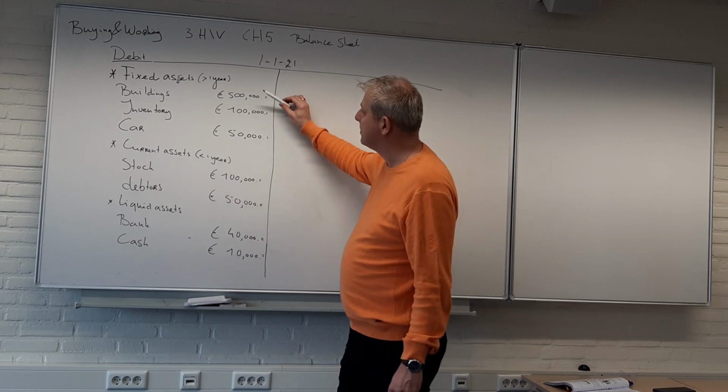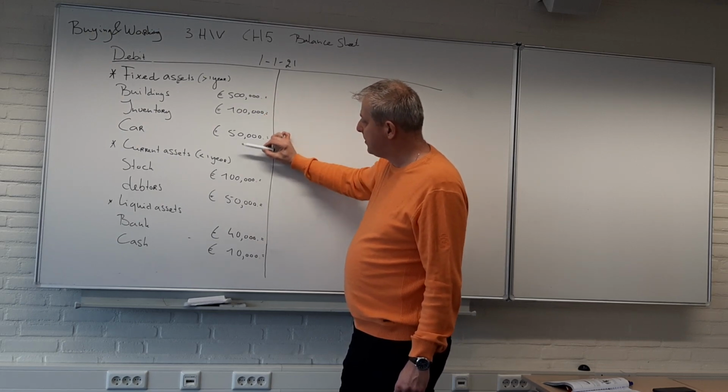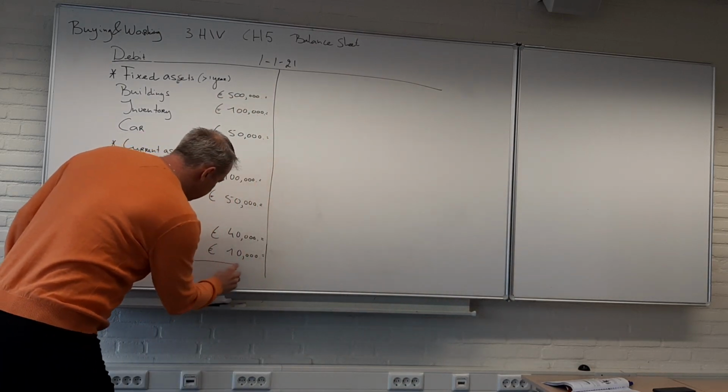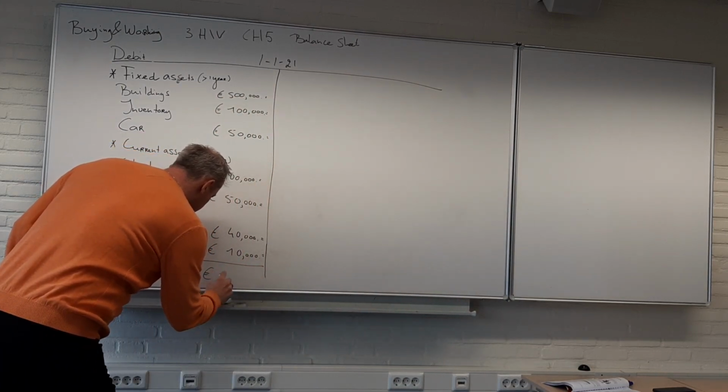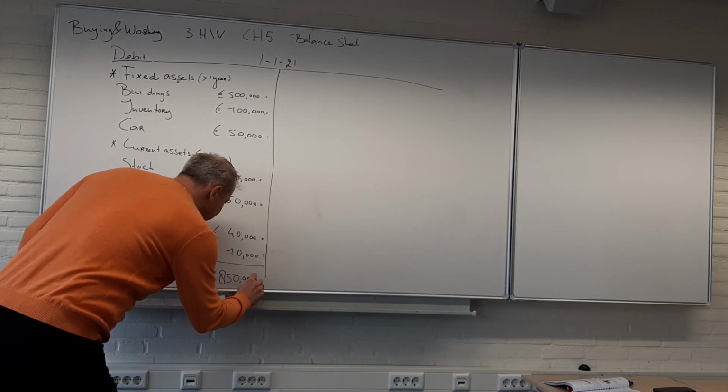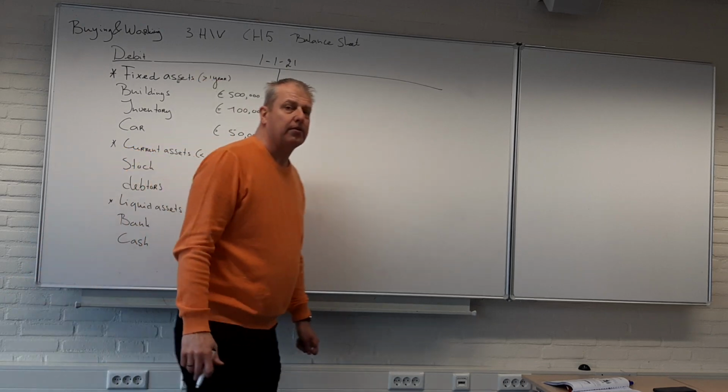Yes, so I'm going to add this up. 5, 6, 650, 750, 8, 850. So the total worth of these assets is 850,000 euros.